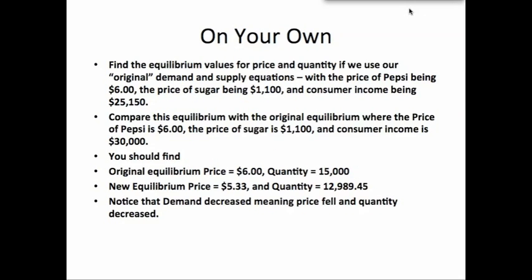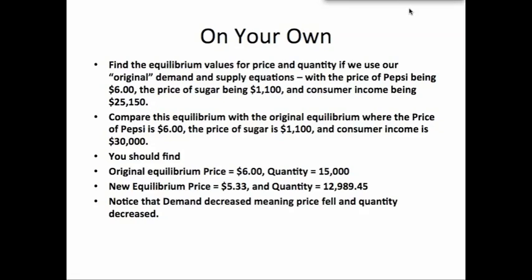If you're interested and want to do some work on your own, we can do other changes to the model. If we begin, and again this is on your own, we use our original supply and demand equations, with the price of Pepsi being $6, the price of sugar being $1,100, and consumer incomes being $30,000.